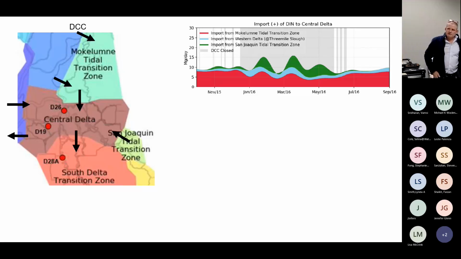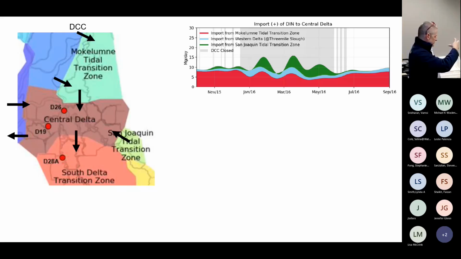One of the things that you can see is how the red coming in from the McCulloughney tidal transition zone increases and decreases in response to the delta cross channel being open and closed. No surprise from a hydrology standpoint, right? But this isn't water, this is nitrogen. In the report, there's a graphic showing this more clearly, but when the delta cross channel is open, roughly 50% to 60% of the nitrogen is coming through the delta cross channel.